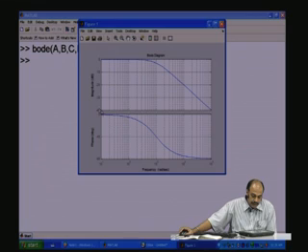So, in this particular diagram, you see this blue line. This is the way the gain varies. The gain would vary as it changes. In dB means 20 log the gain. So, whatever the gain, the output by input, logarithm of that one into 20.